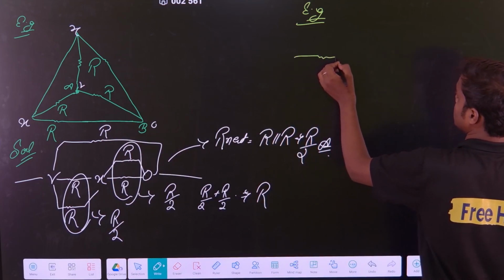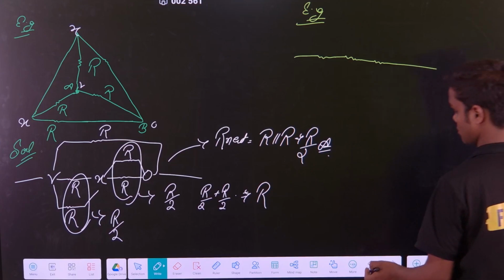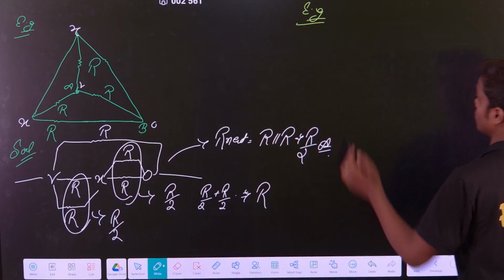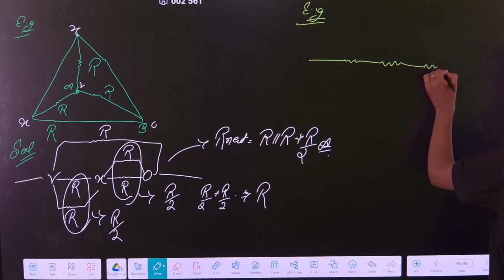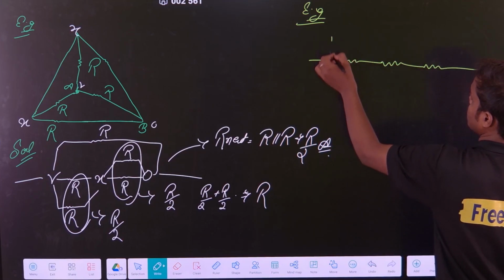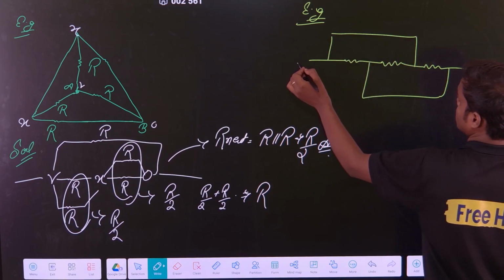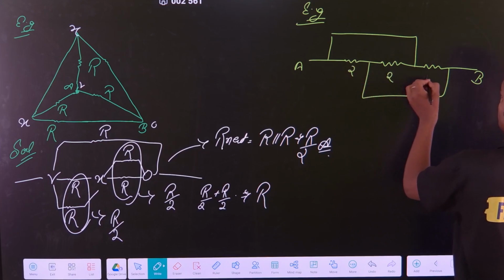Suppose this is some resistance, or let me draw it another way. Suppose I have connected these two. I have connected these. This is point A, point B, 2 ohm, 2 ohm.